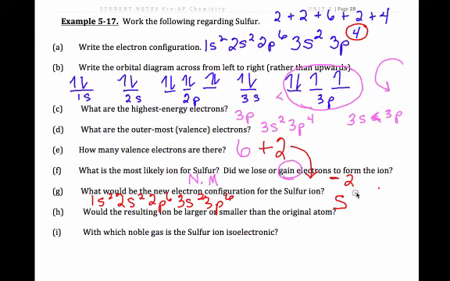So the sulfur 2 minus, notice I put the number before the charge, the S2 minus would have the same electron configuration as argon, the nearest noble gas. Now in this case, the radius of S2 minus is greater than the radius of sulfur, and the noble gas that it's isoelectronic with is argon.